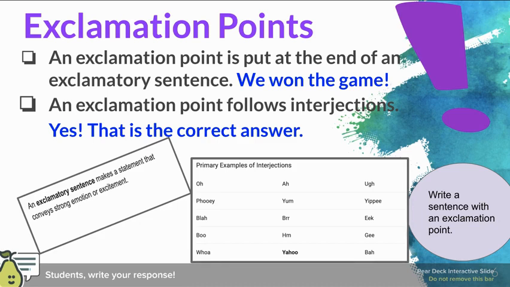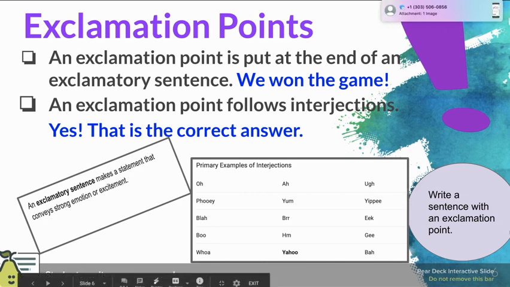I love that little list of primary interjections. I would probably write those down in my writer's notebook, just so I had a list of them to think about. And afterwards, if you say, oh, you put a big exclamation mark, oh, I got the right answer. Okay, and those are really fun.